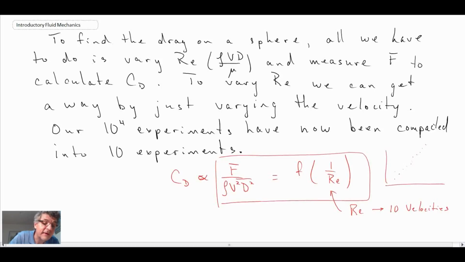But anyways, let me erase that just in case I've goofed up here. The drag coefficient, unless you're going through some sort of transition, usually doesn't change that much. But you may find that you get some sort of relationship like that if you have CD and then Reynolds number down here. So anyways, what that is showing is that in order to do this experiment, you don't have to do 10,000 experiments like we were originally seeing.